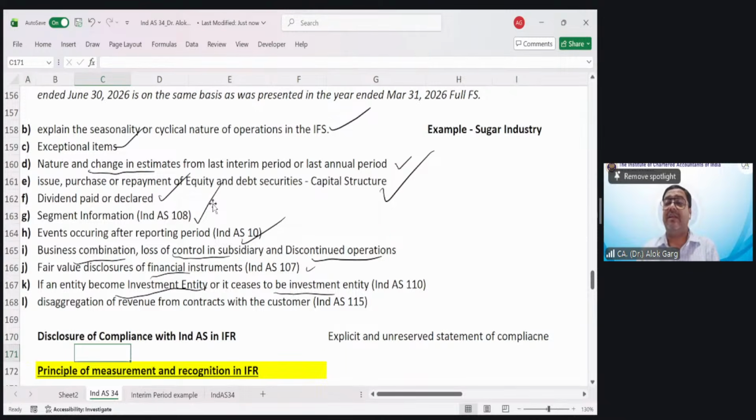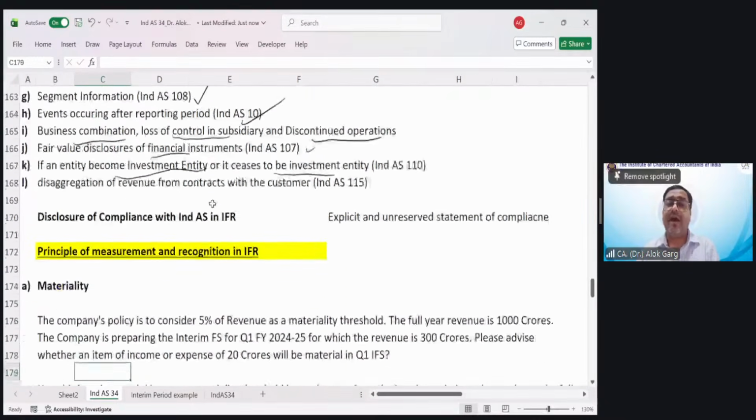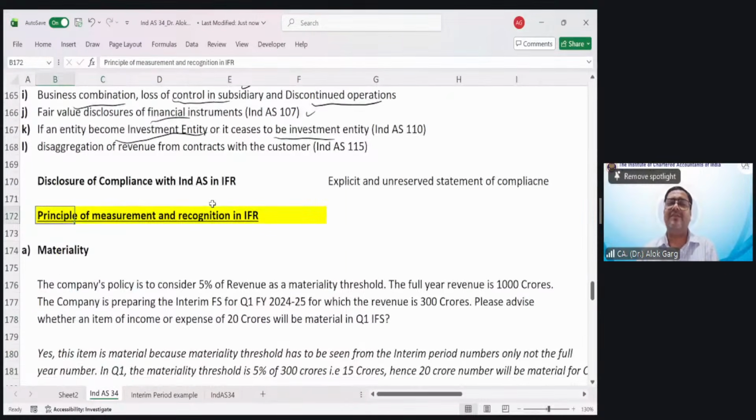So we discussed the significant or limited notes to accounts. Now, my dear friends, this standard gives some principles of measurement and recognition in interim financial statement. Now, the first principle is materiality.